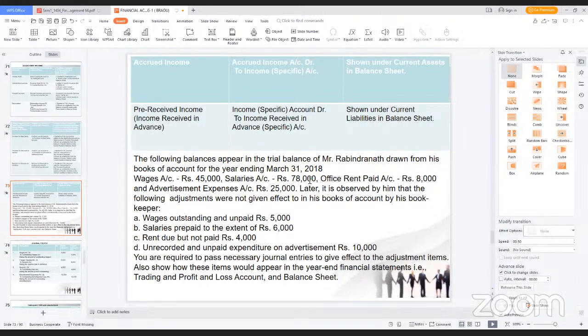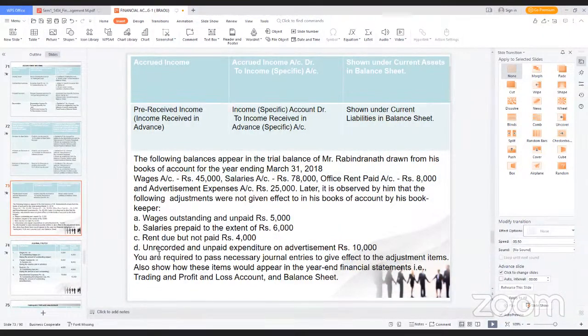Yes, salaries they have given 78,000, but some amount, that is 6,000, they have paid in advance. Understood? Rent due but not paid. Rent due is also outstanding. Unrecorded and unpaid expenditure on advertisement, that is 10,000 rupees. It is unrecorded and still unpaid.